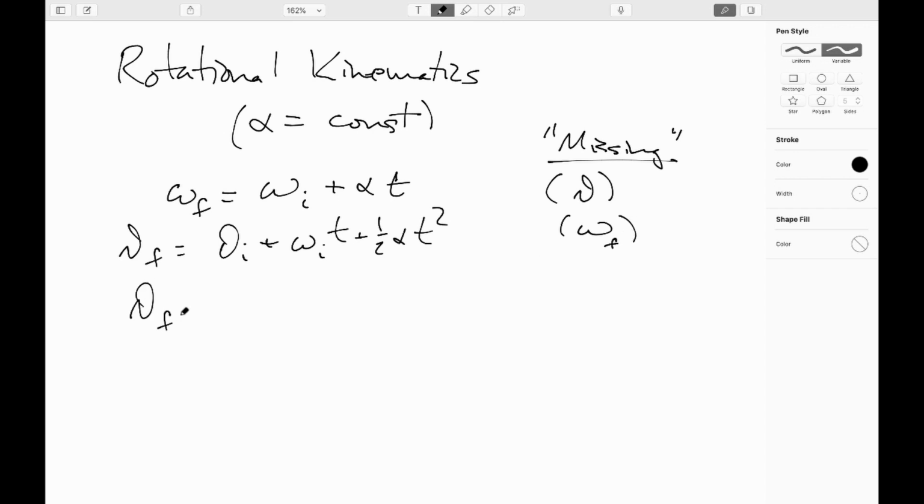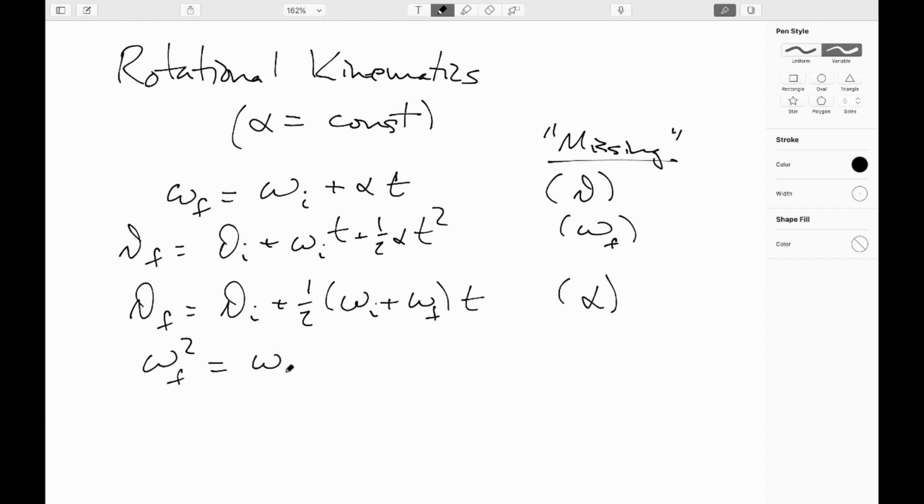We can have theta final equals theta initial plus 1/2 omega initial plus omega final times the time. That would be missing alpha. And finally, we have omega final squared equals omega initial squared plus 2 alpha theta final minus theta initial. That one's missing the time.